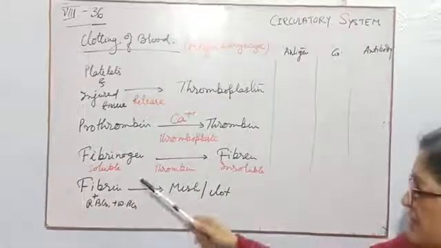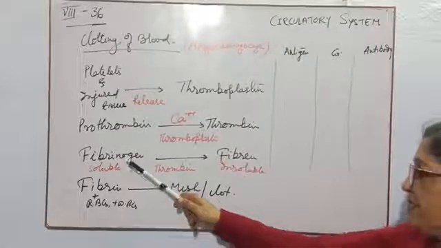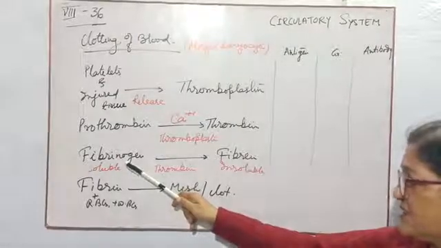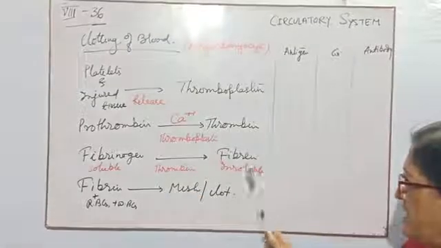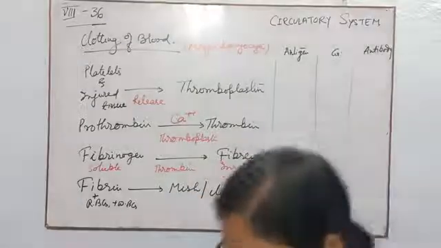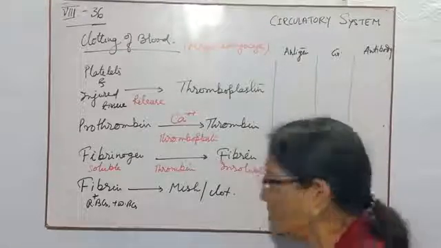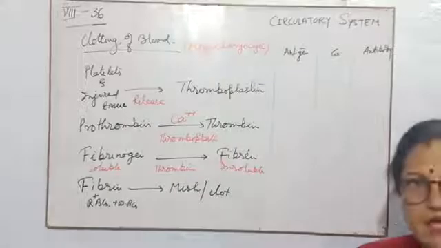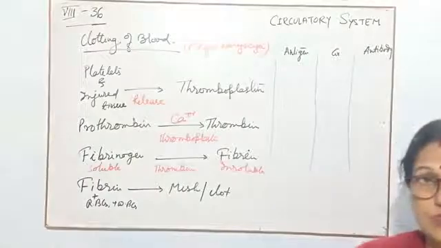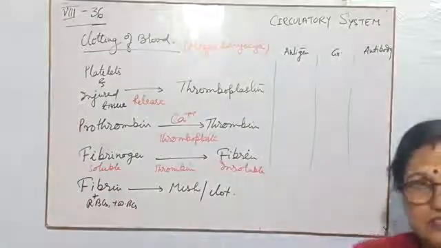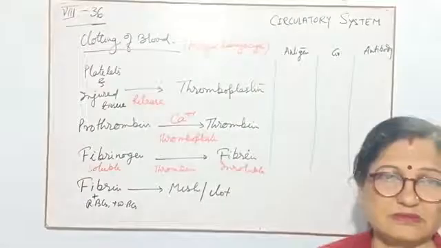Fibrinogen is a soluble protein found in our blood. In the presence of thrombin, it becomes active and forms the protein fibrin, and this protein is insoluble, so we can take it out. That means blood can be seen a little dense due to the presence of this protein.